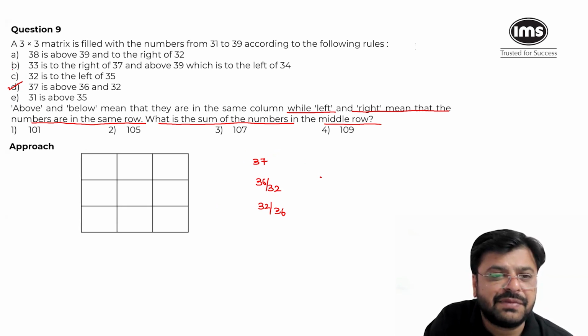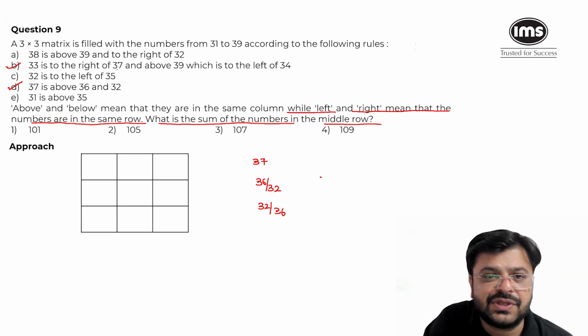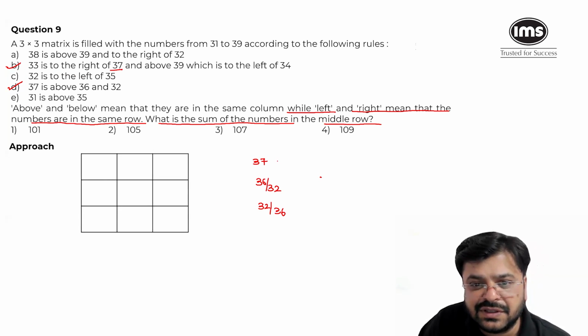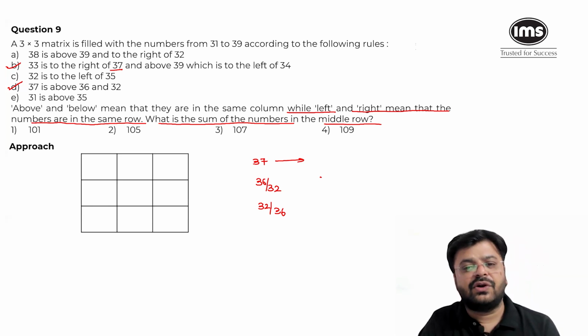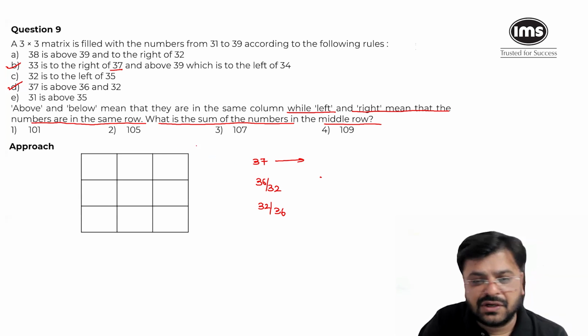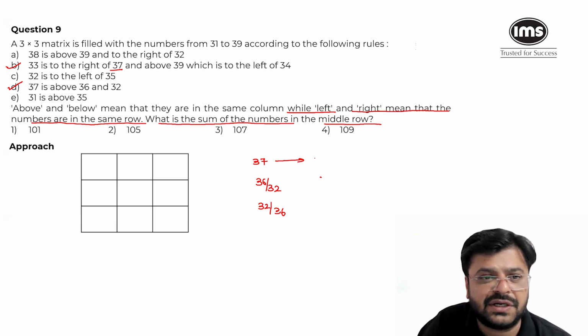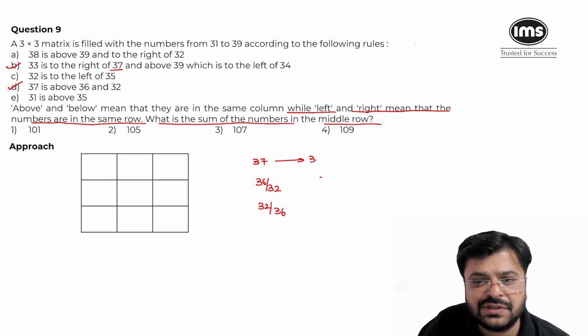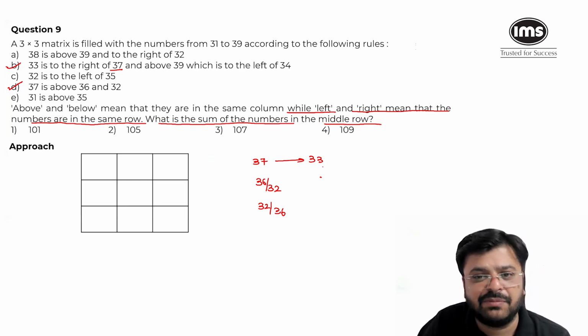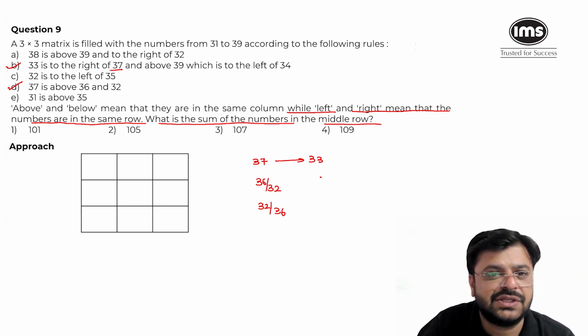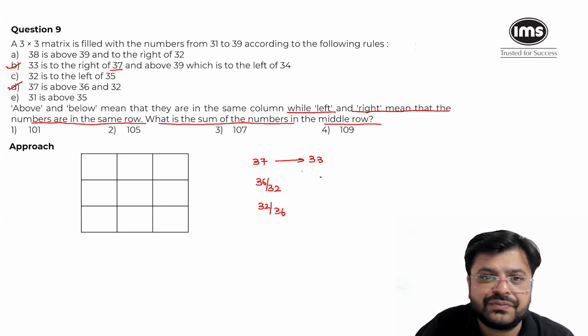Now, statement B says 33 is to the right of 37. That means 37 cannot be in the rightmost column. So we have 33 to the right of 37, and they'll be in the same row. That means 33 is also in the top row.